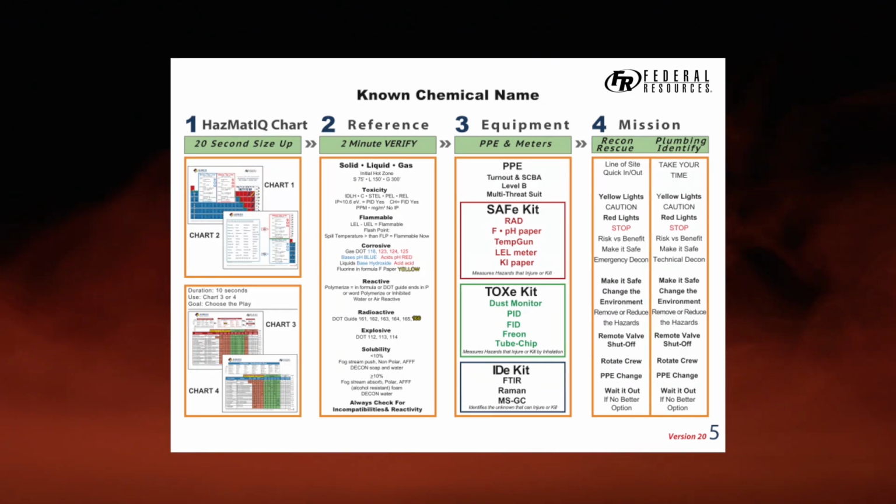Still a 4-step system, still size up, still verify, still choose meters and PPE, and still go into the hot zone, but it's way more specific on how do I do step 2? Where do I look in the book for step 2? What meters should I bring? And then based on your mission, how do you make it safe? What are you willing to risk your life versus not risk your life? But that's on the research form that we're now passing out. Right, exactly.